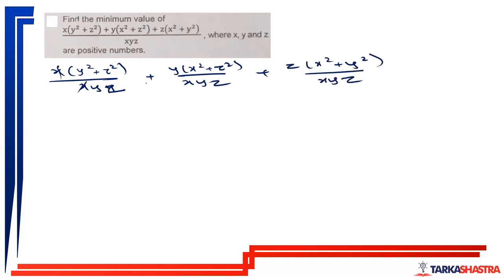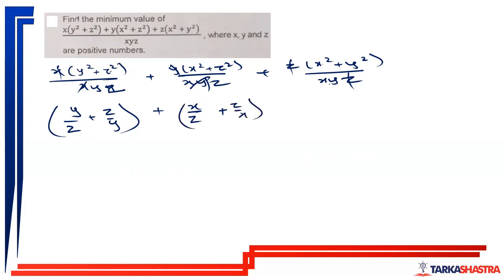So this x gets cancelled, this y gets cancelled, this z gets cancelled. y square upon yz is y upon z, z square upon yz is z upon y. Correct. Then x square upon xz is x upon z, and z square upon xz is z upon x. Then x square upon xy is x upon y, and y square upon xy is y upon x.